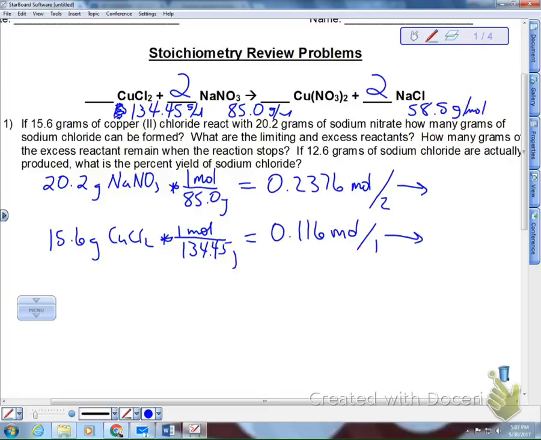So by dividing by the coefficients, I put everything back on a 1-to-1 comparison level. So I divide that, and we get two very close numbers here, 0.1188 and 0.116.